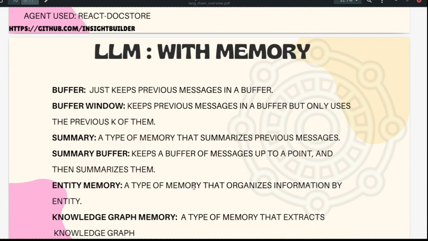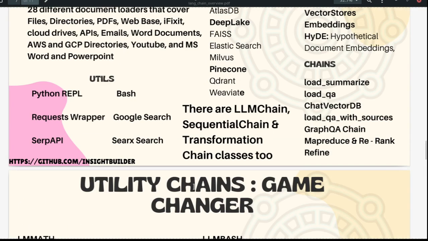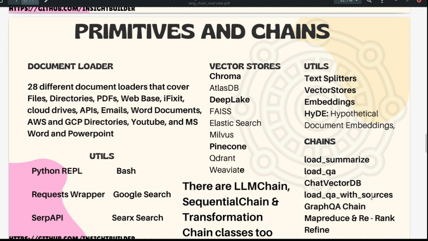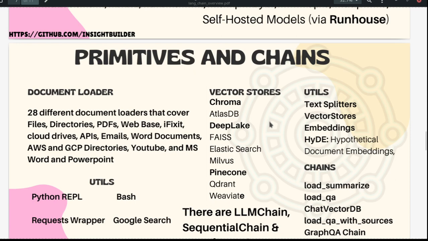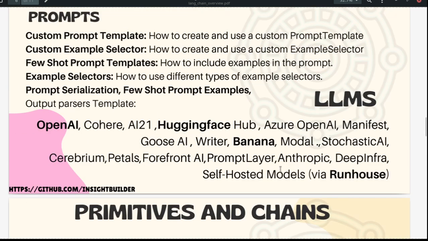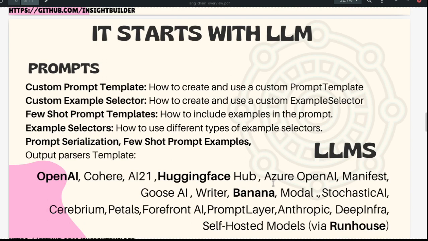I'm pretty sure there will be other libraries coming into the ecosystem in the near future. However, the point here is that they will also work around this kind of ecosystem only. So Langchain has been the pioneer in this way of creating the library. So take this opportunity and start mastering it. You have got all the resources with you.